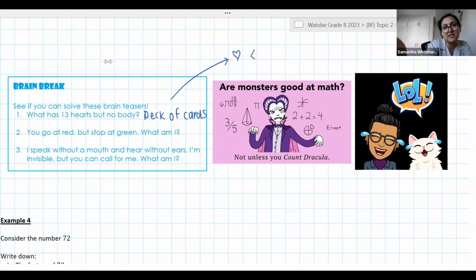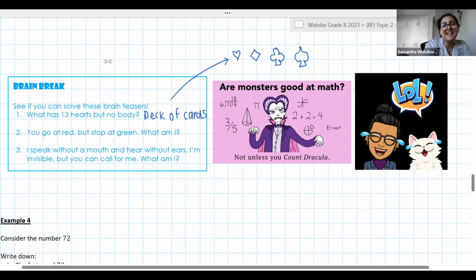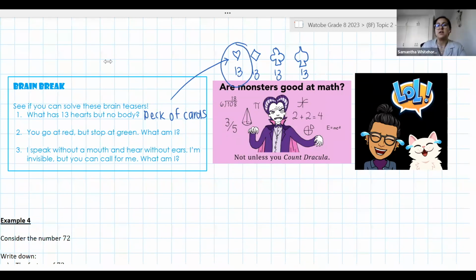You've got hearts, diamonds, clubs, and spades. In each suit there are 13 cards, because a whole deck of cards is 52. So that's why it's got 13 hearts, because there are 13 heart cards, but no body, because obviously it's a deck of cards.